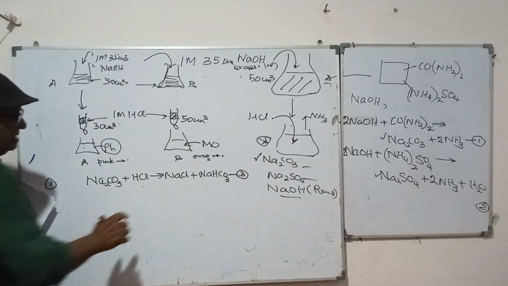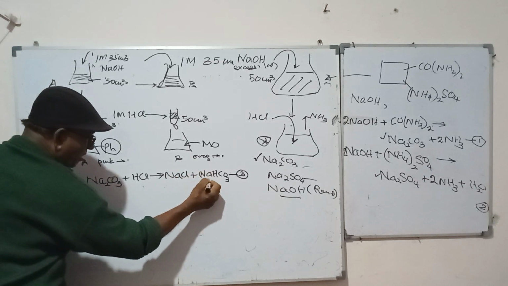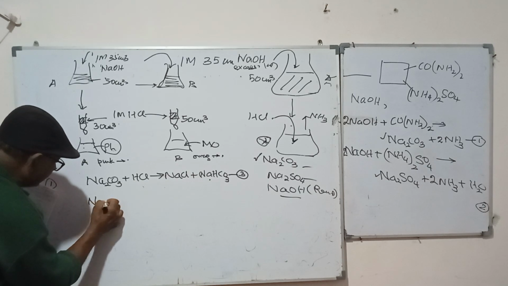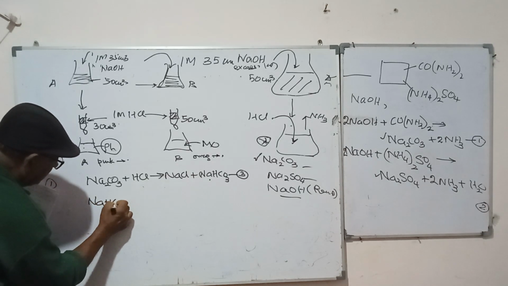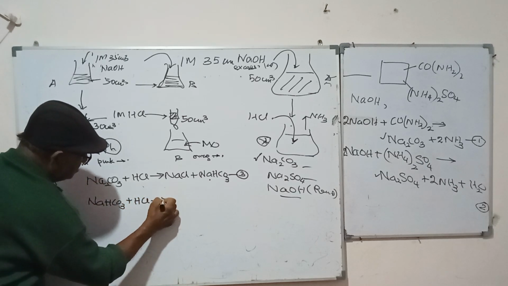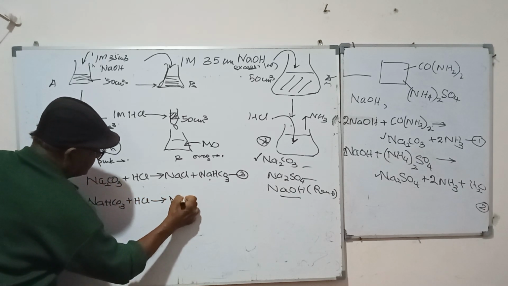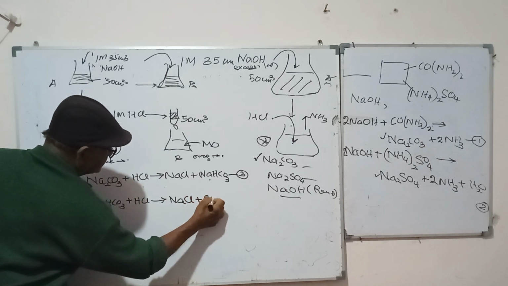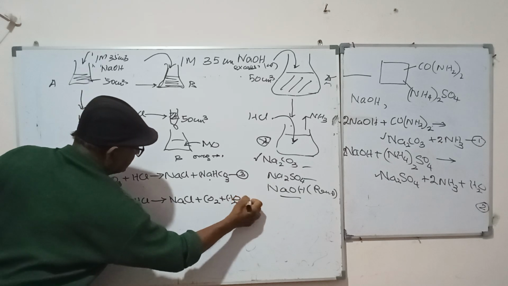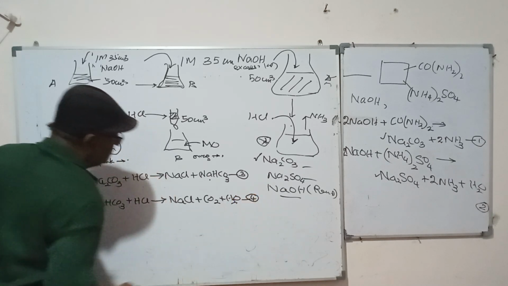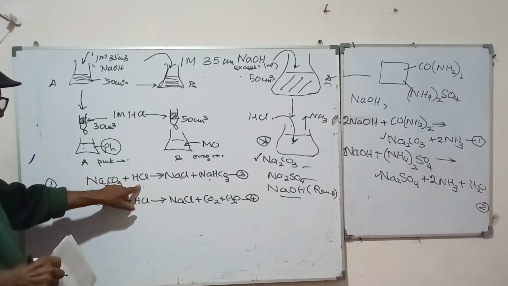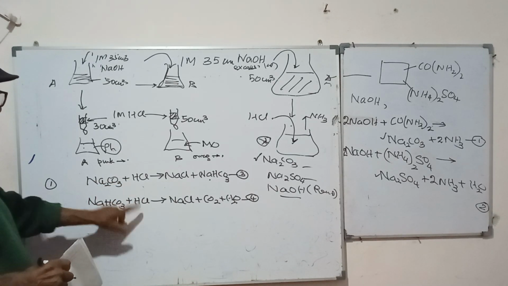Then the sodium bicarbonate so formed should react again with HCl to give sodium chloride, carbon dioxide and water. This is the fourth reaction. This is 1:1, this is also 1:1.